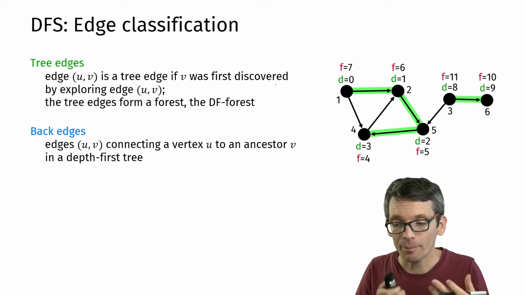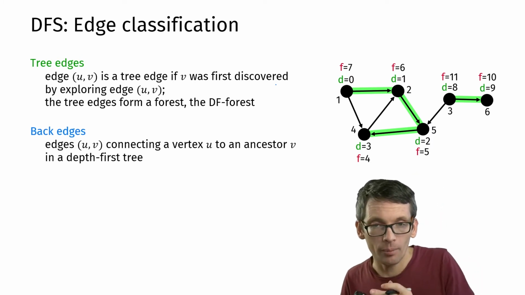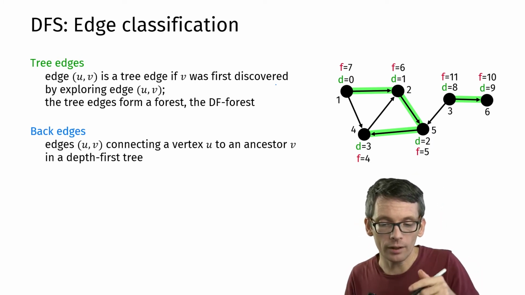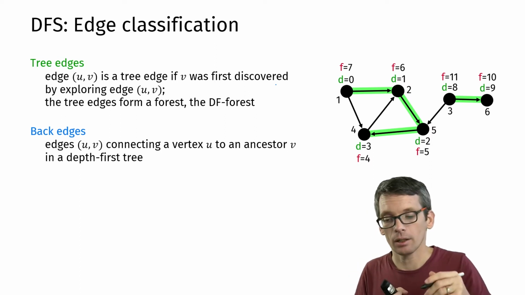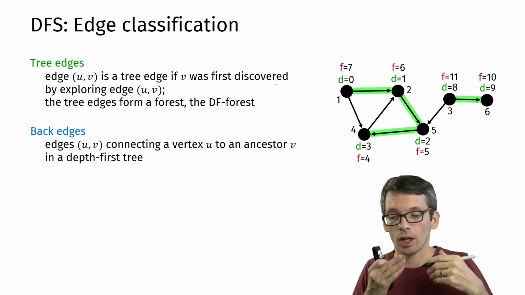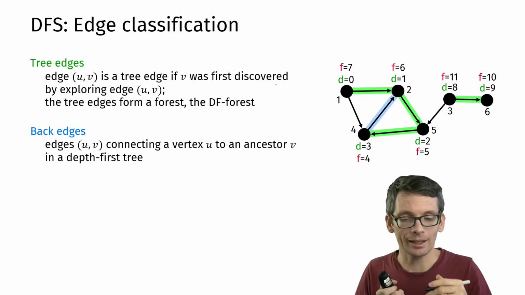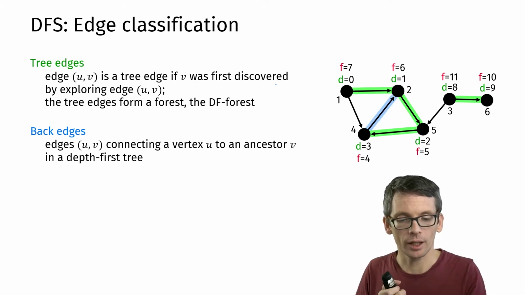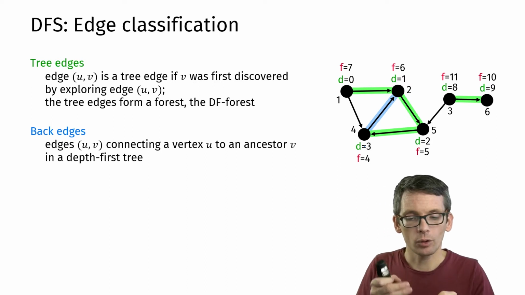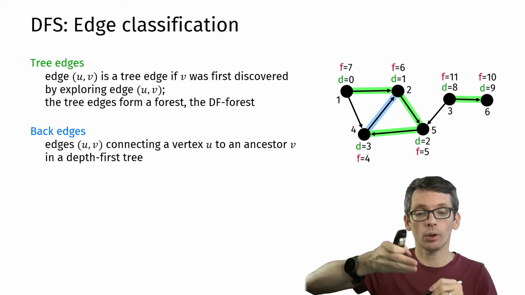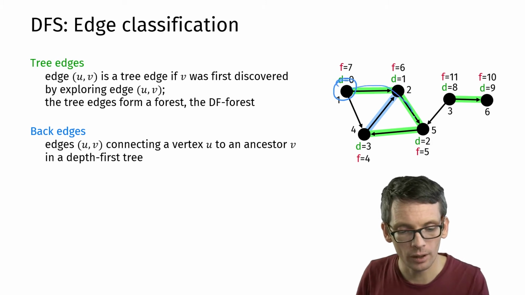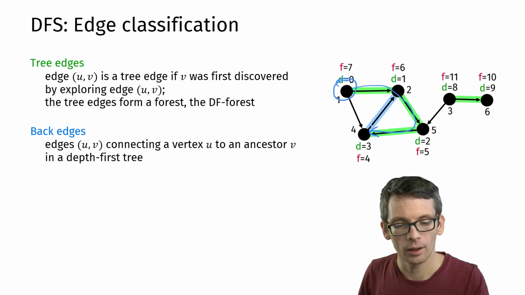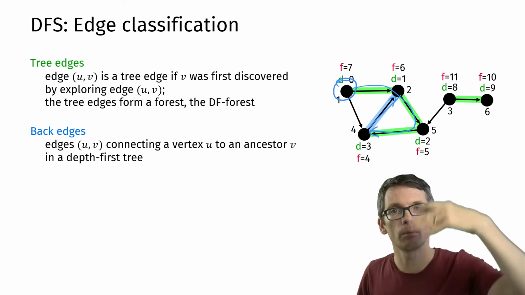Then we have back edges. So what is a back edge? A back edge is an edge uv that connects a vertex u to an ancestor in the depth first tree. As an example, this edge here connects the 4 to the 2, and the 2 is an ancestor of the 4 in this tree. So the tree goes from here down to there, and then the back edge goes back up.